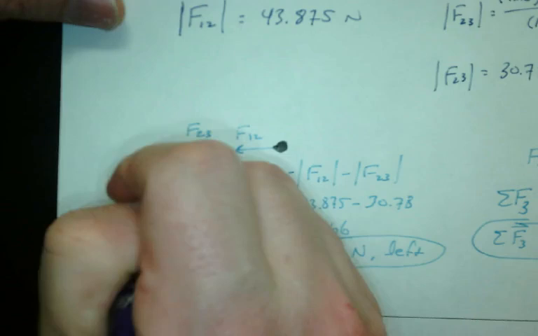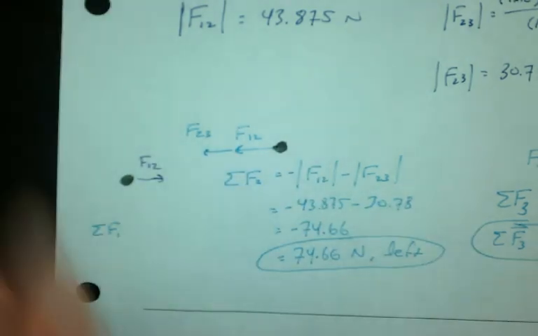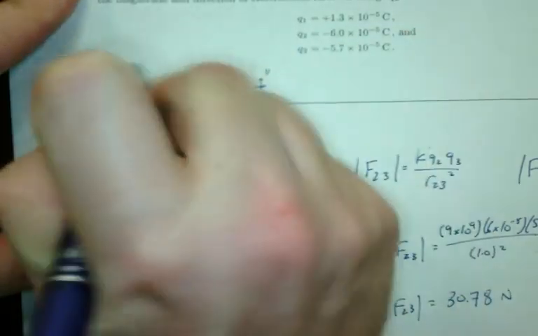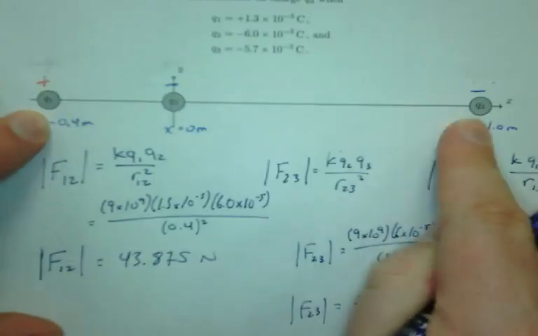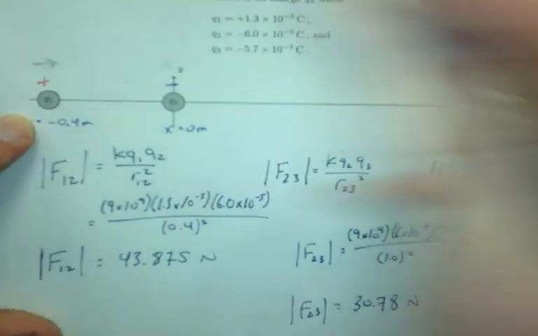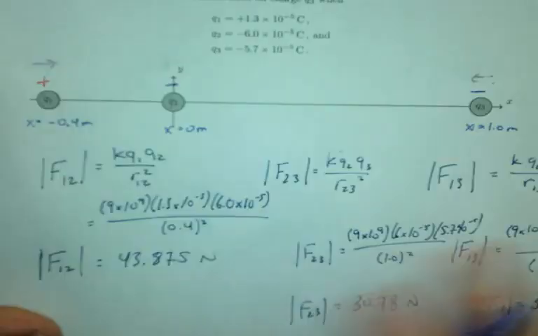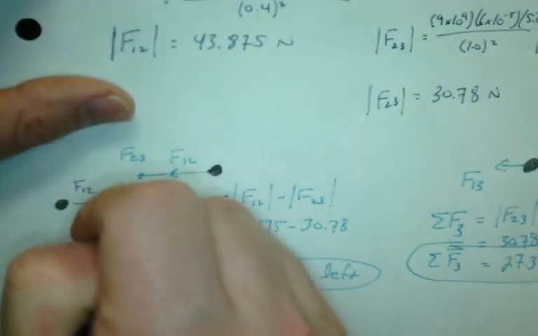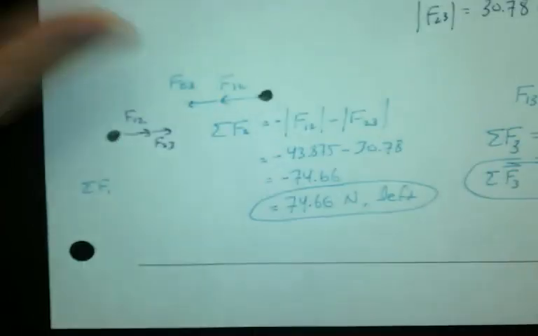They're attractive. So it's pulling Q1 to the right. So F12 points this way. Let's look at F13. F13, also attractive, pulling Q1 to the right. So F23 goes to the right.